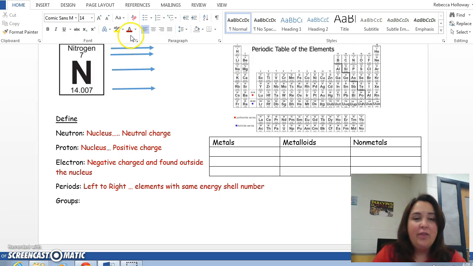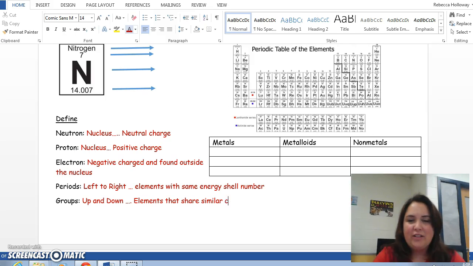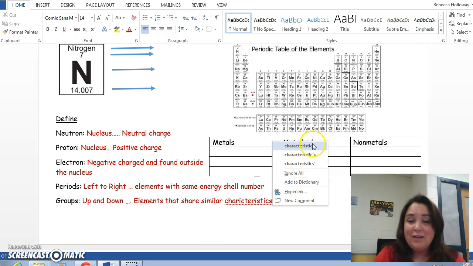Groups, they'll actually go up and down. They're vertical. And there are elements that share similar characteristics. Let's just say typing in me is not going on.